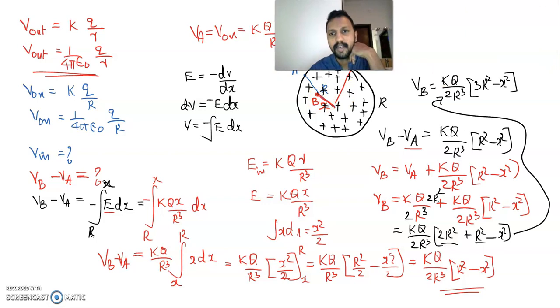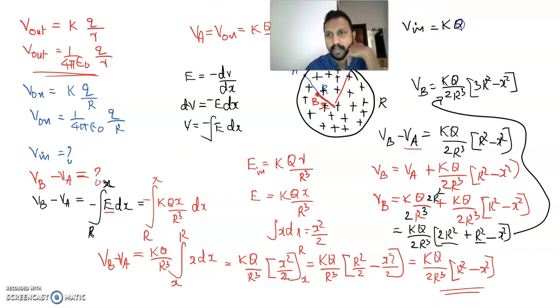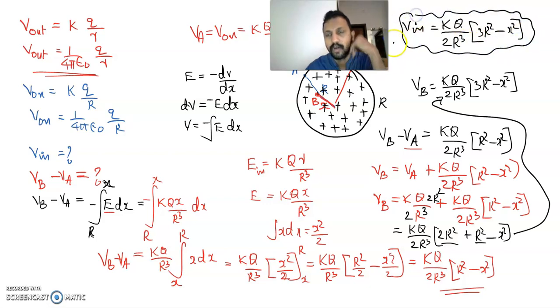Therefore, we can write potential inside is equal to kq divided by 2R cube into 3R square minus x square. This is the expression for potential inside a uniformly charged non-conducting sphere. Hope you have understood this. This is an important derivation.